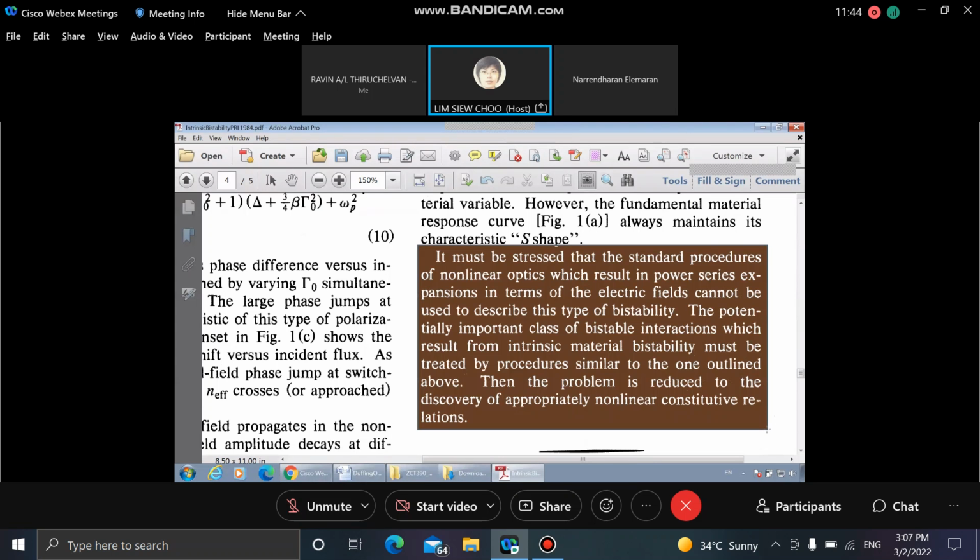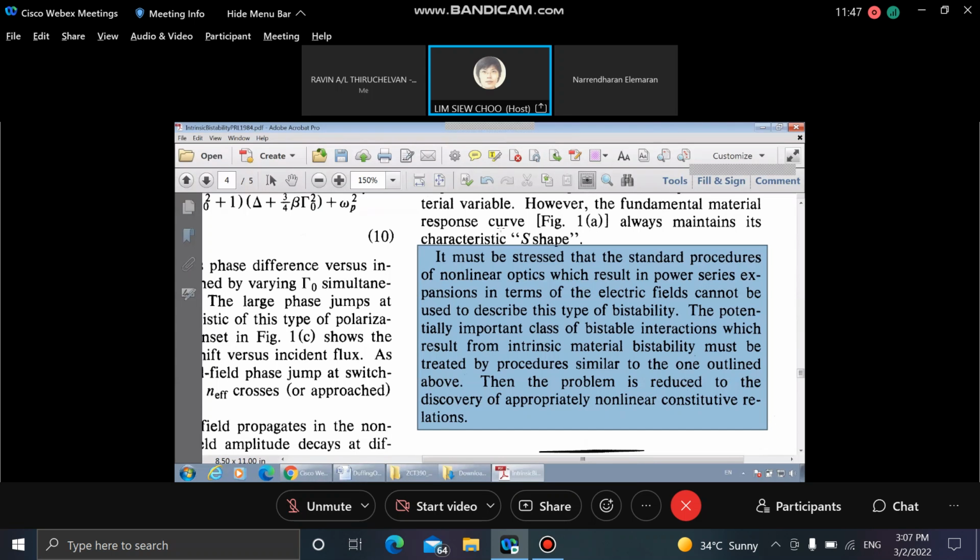It must be stressed that the standard procedures of nonlinear optics, the standard procedures is what I have gone through from the beginning of the semester, I mean the expansion P equals P1 plus P2 plus P3 and so on, which result in power series expansion in terms of the electric fields, cannot be used to describe this type of bistability. The potentially important class of bistable interaction, which result from intrinsic material bistability, must be treated by procedures similar to the one outlined above.